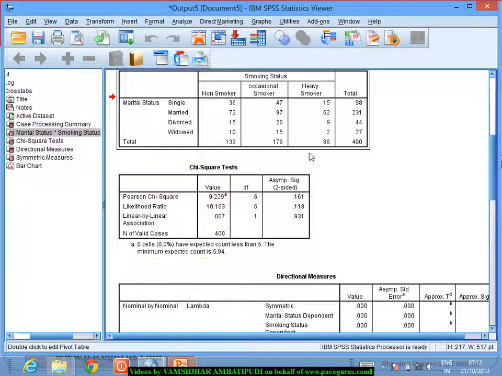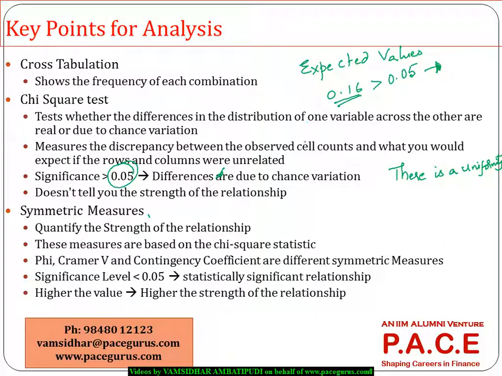Though in reality 2 out of 27 people in the widowed category were heavy smokers, whereas in the single category, 15 out of 98, the proportions are different. But what we are saying is these differences are not significant statistically, so I can very well go with an assumption of uniformity itself.